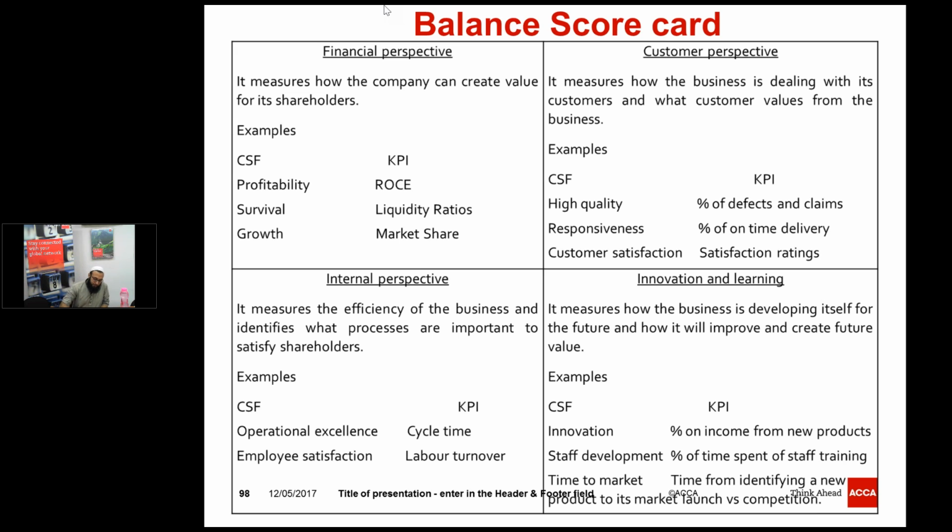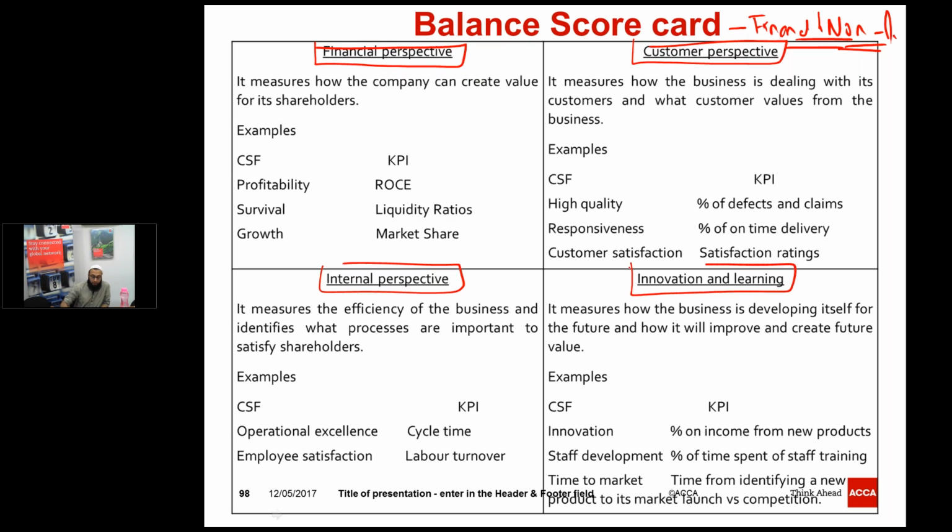Now, the balance scorecard is basically a model which covers both financial and non-financial. Okay, so balance scorecard is a model that covers both financial and non-financial. There are four perspectives in a scorecard: financial, customer, internal, and innovation and learning.